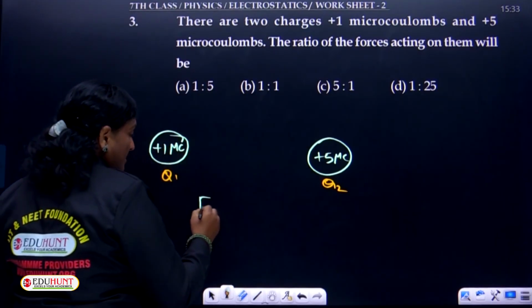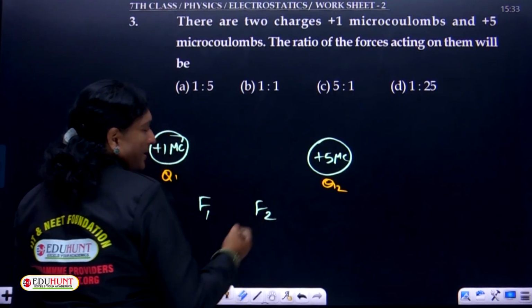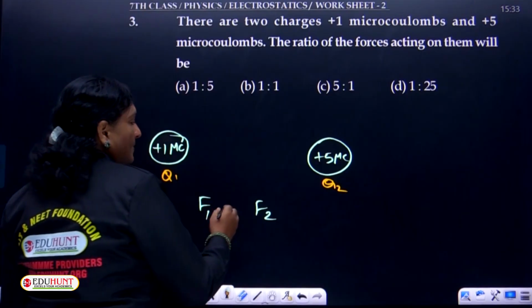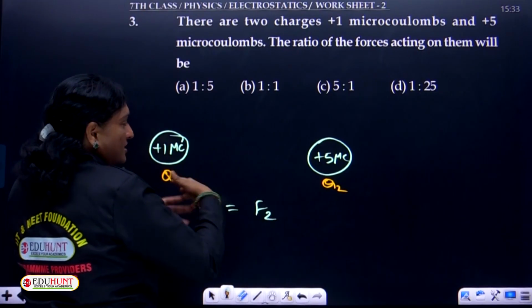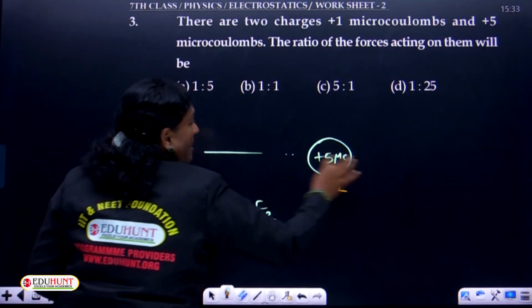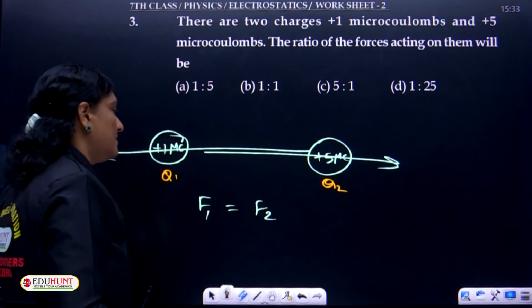That is, the force exerted by the first body and the force exerted by the second body must be equal, but their directions will be opposite. This will be exerting force in this direction, whereas this will be exerting force in the other direction.